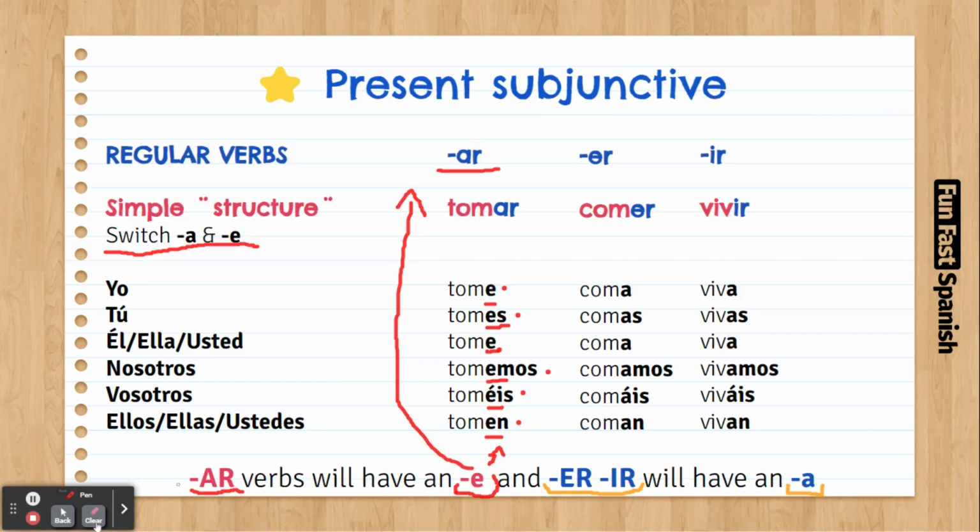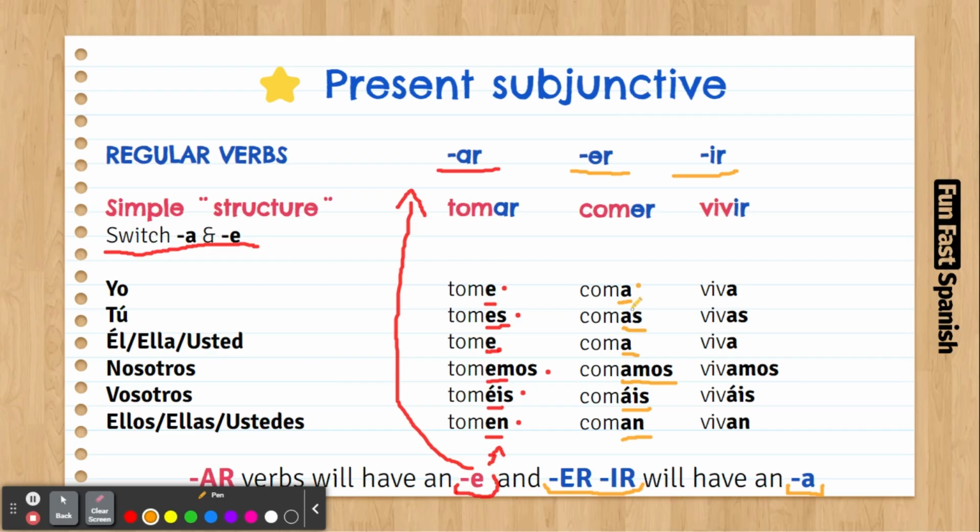Let's have a look at the verbs comer and vivir. Comer and vivir have the other switch, which is that for these ones, we're going to put an A instead. Comer, for instance, is an ER verb. Comer in subjunctive is going to be yo coma, tú comas, él coma, nosotros comamos, vosotros comáis, ellos, ellas coman.